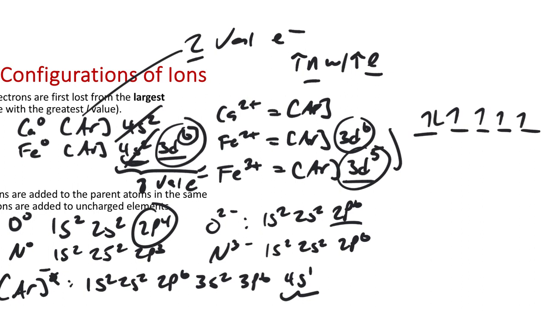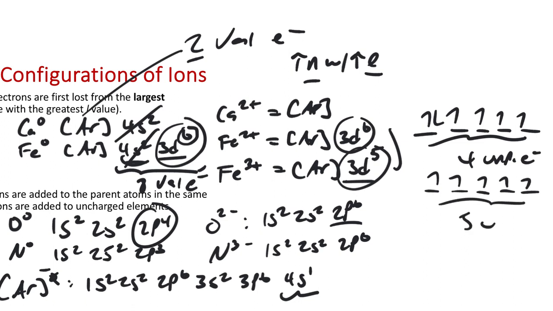So our d6 would have 4 unpaired electrons. And then the d5, of course, would have all 5 of those electrons being spin unpaired. So a lot of times we'll ask about electron configuration diagrams for some of these transition metal cations so that we can make sure that we have the right configurations.